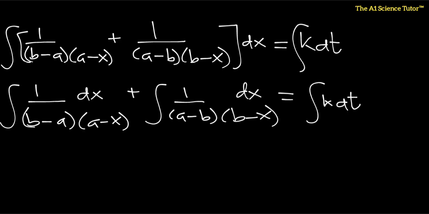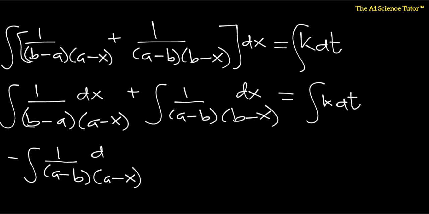Now this will make it to be integral. I could actually write it this way because I do not want to waste too much time. So let me make it minus. So this will be a minus b, and this will be a minus x, and you have dx here, and this will be integral 1 over a minus b.